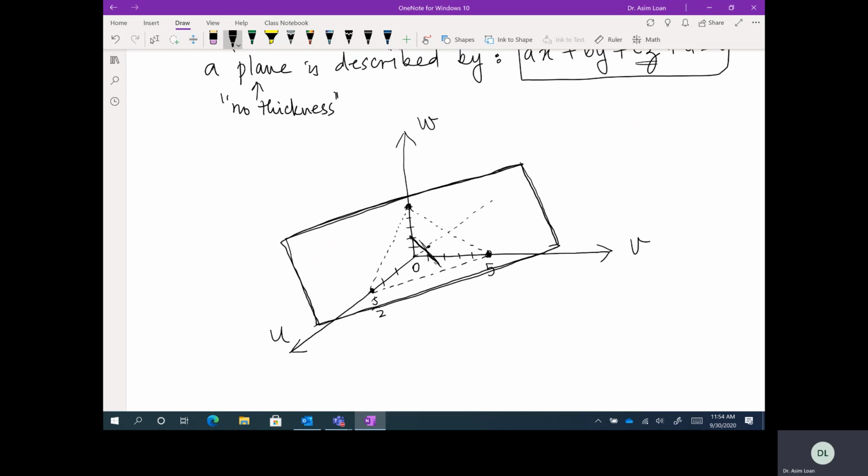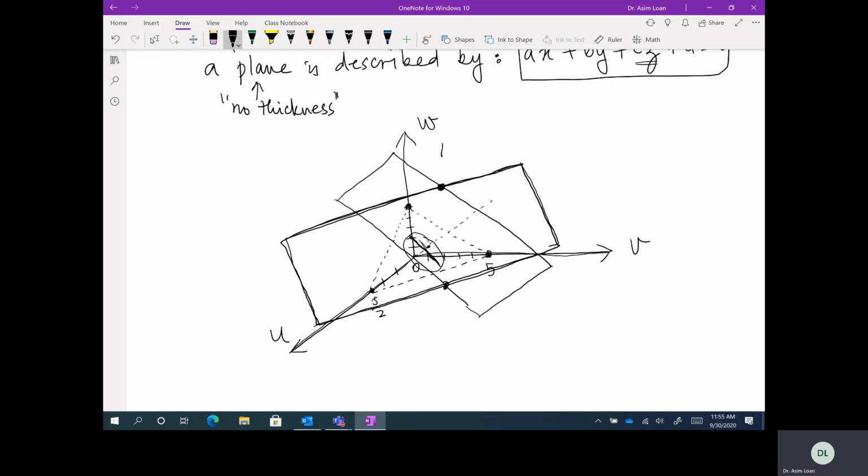This line is in the UV plane, so it can take on any value of W. So if I draw another plane which contains this line, with the same slope and direction, like this probably, these are the 2 planes, and they intersect at this point and at this point.